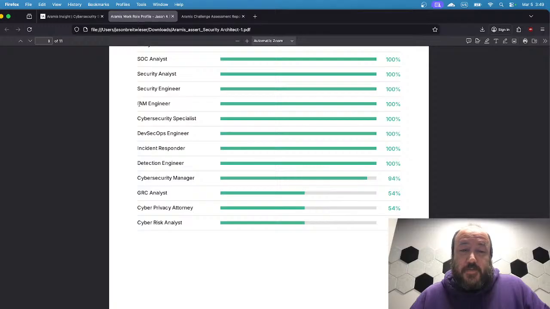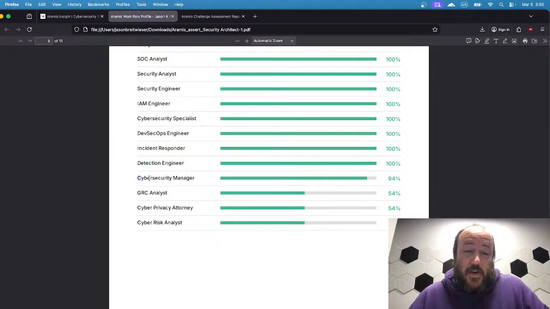Identity and access management, something that I've not done a whole lot of, but in retrospect, AAA in routing world is very much identity access management. As a cybersecurity specialist, I'm dead on. DevSecOps engineer, right, spot on. Incident responder, yep, done that. Even as a volunteer, I've done that.